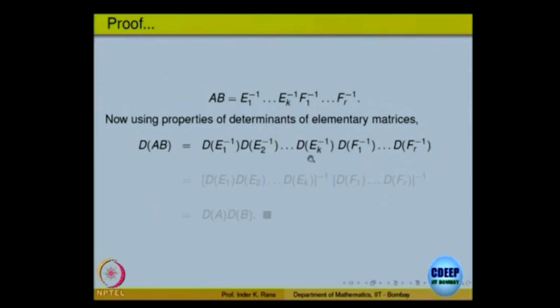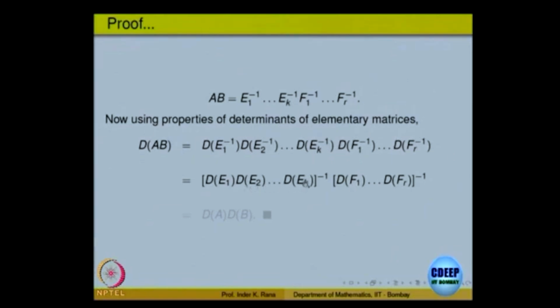Yes. Now what is the determinant of E1 inverse? That is 1 over the determinant of E1. So use that formula to get that the product of the first k is 1 over the determinant of E1, E2, up to Ek, and similarly the other one.